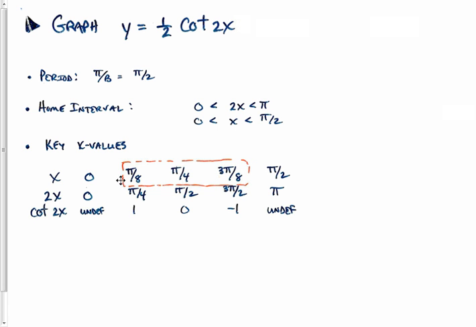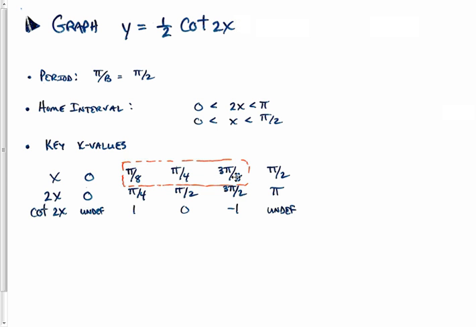But we still take this interval and break it into 4 equal parts. I split in half between 0 and pi over 2 and got pi over 4. Then halfway between 0 and pi over 4, I got pi over 8. And likewise, halfway between pi over 4 and pi over 2, I got 3 pi over 8.